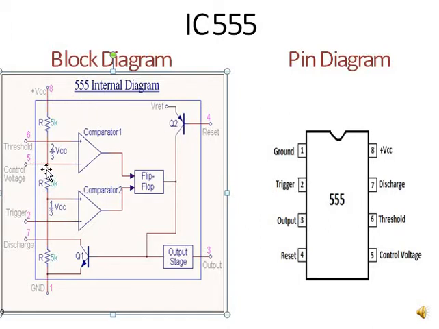If you want to change the bias voltage of comparator 1, the 5th pin can be utilized, and for setting the threshold for comparator 1, the 6th pin can be utilized. Normally we connect the capacitor to the 7th pin, which provides the discharge path through this Q1, and pin 8 is obviously the VCC for circuit operation.